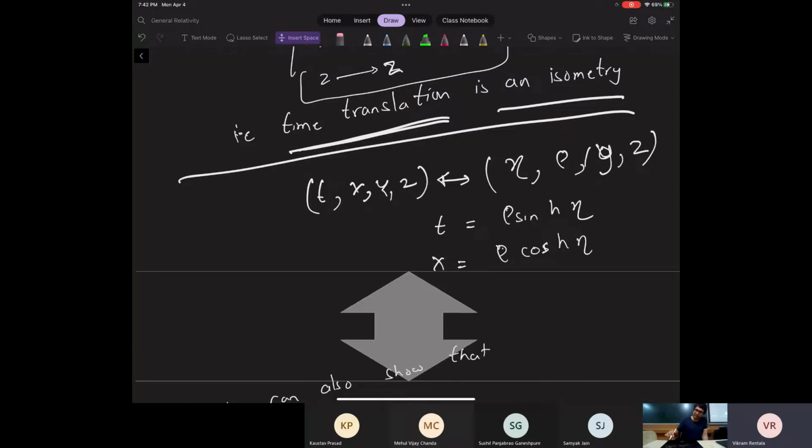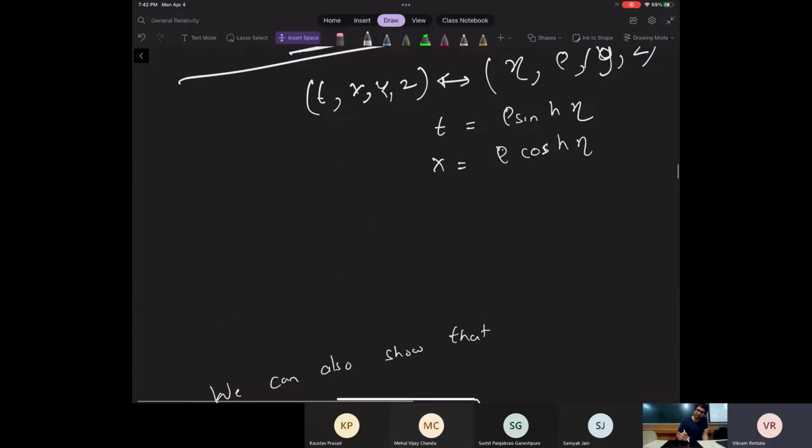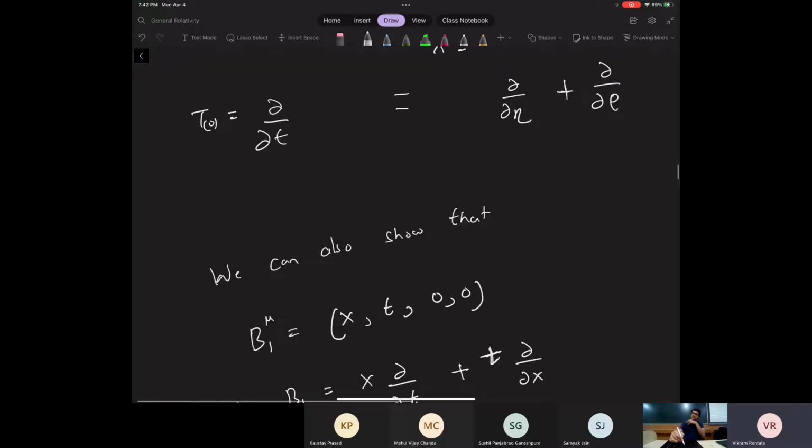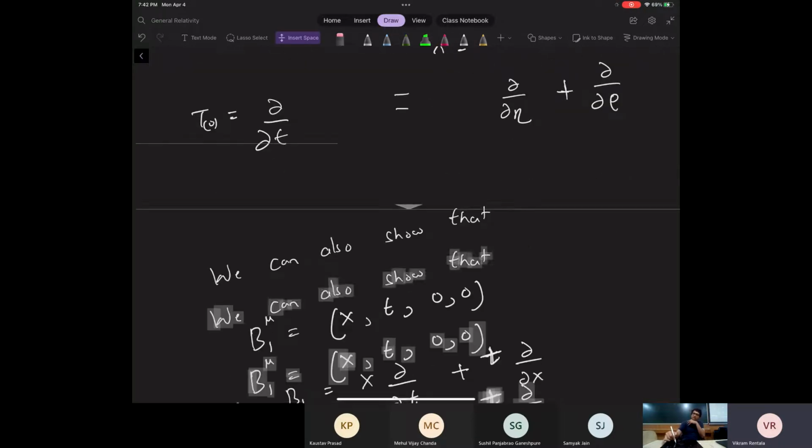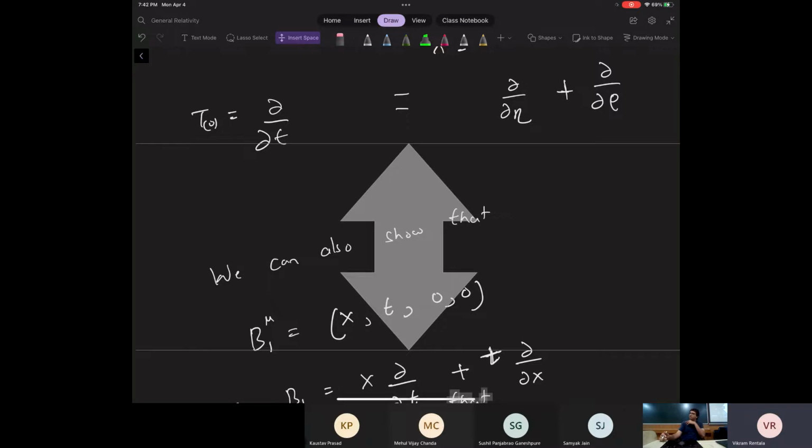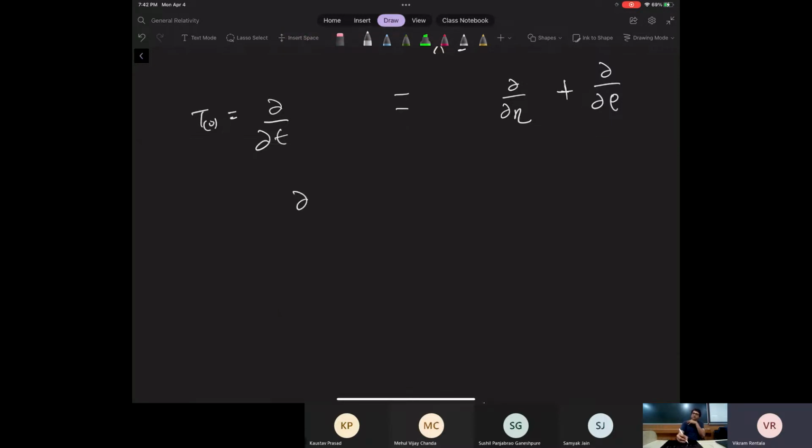Now the point is that this partial t is a Killing vector, and it doesn't matter which basis you choose to define it. So we can ask, how do we express this in the basis of partial eta and partial rho? Actually it turns out to be easier to think about expressing partial rho and partial eta in terms of these Killing vectors.